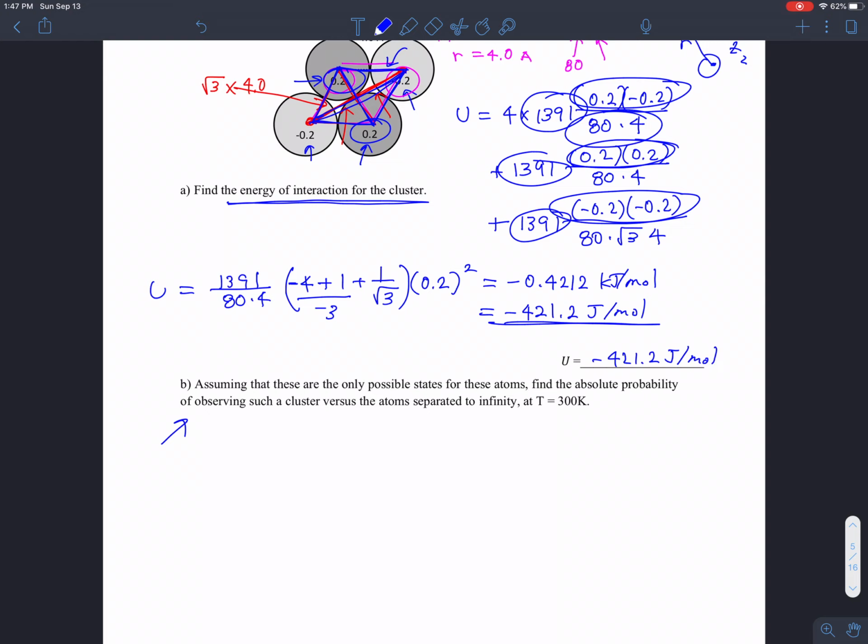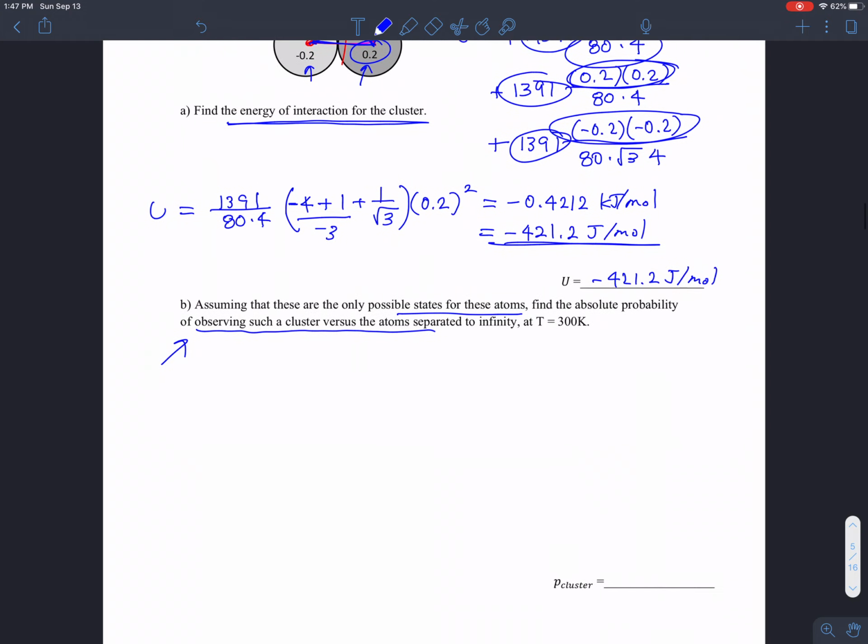Then it says, assuming that these are the only possible states for these atoms, find the absolute probability of observing a cluster versus atoms separated at infinity.